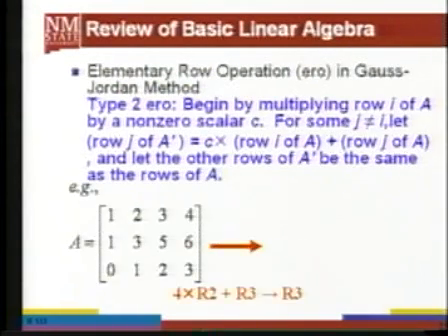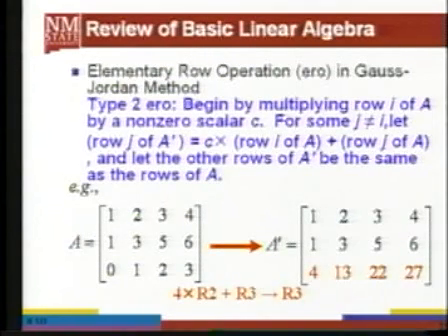So for a given matrix A, for example, row number 3 of matrix A could be replaced by 4 times row number 2 of matrix A plus row number 3 of matrix A. So in this case, this number 4, for example, comes from 4 times 1 plus 0. Likewise, this number 13 is from 4 times 3 plus 1, right?